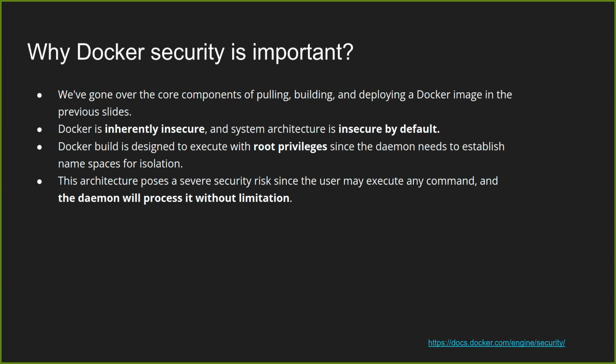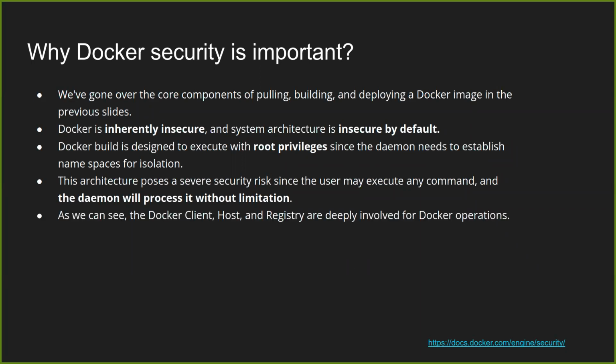And this architecture obviously poses a severe security risk, since the user may execute any command, and the Docker daemon will process it without limitation since we are using root, right? Since we are using sudo and running the images as root. And as we can see, the Docker client, host, and registry are deeply involved with all these Docker operations.